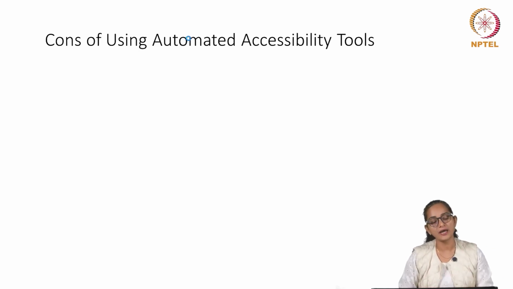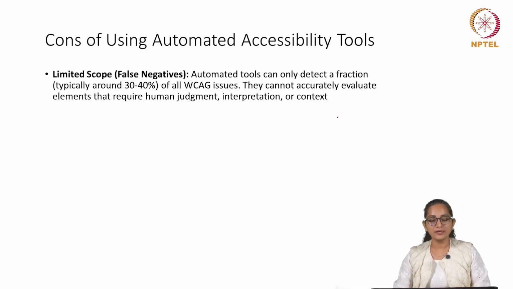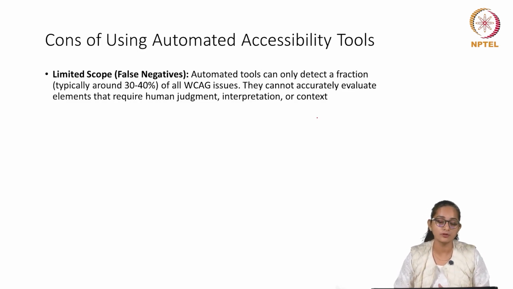Let us now look at some cons of using automated accessibility tools and why we should not entirely rely on only automated accessibility tools. It has limited scope and it can give you false negatives. I think this is very important to understand, that automated tools can only detect a fraction of all WCAG issues.